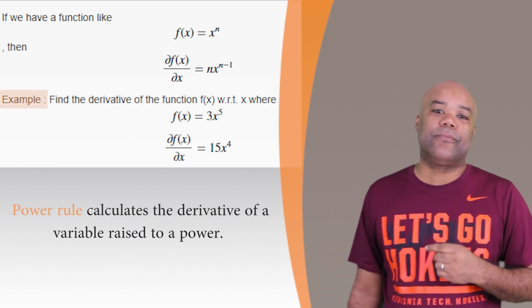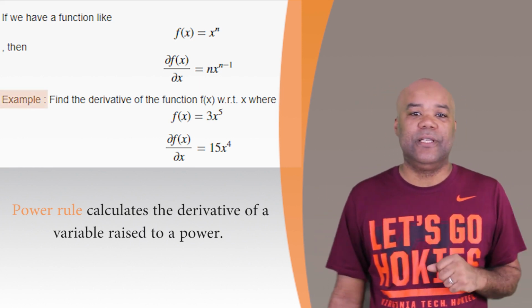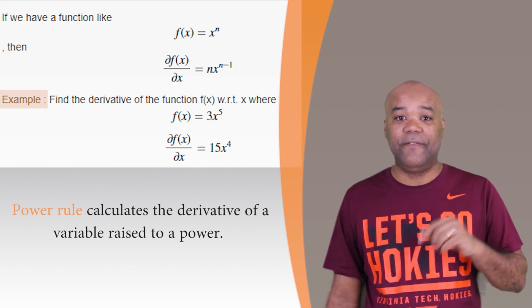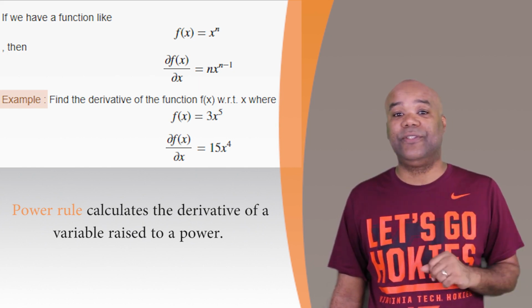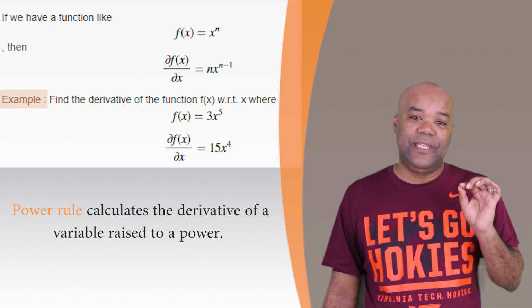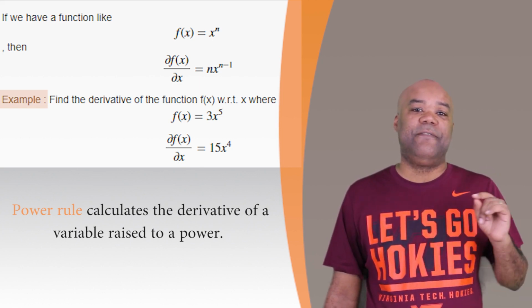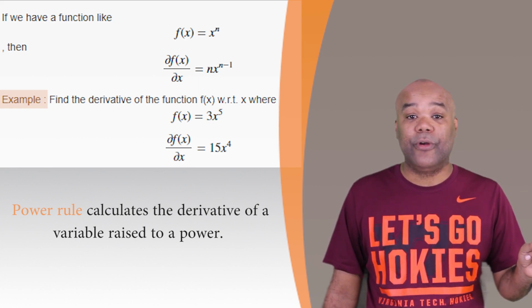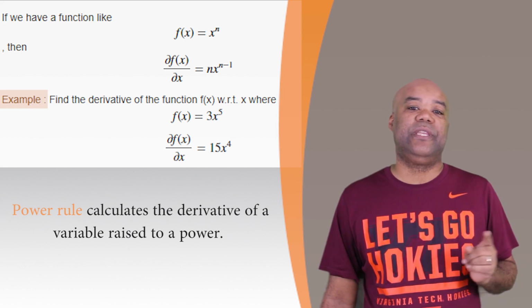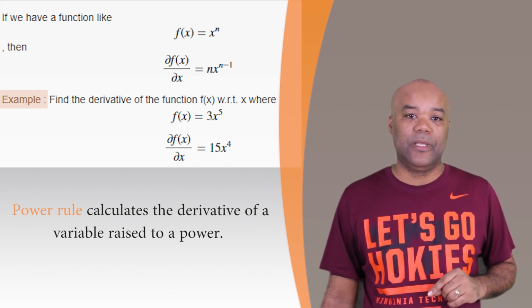For example, if we have a function similar in shape to our cost function, which is f of x equals x raised to the, let's say, nth power, then the derivative of that is the value of the power times any constant times x raised to the n minus 1 power.